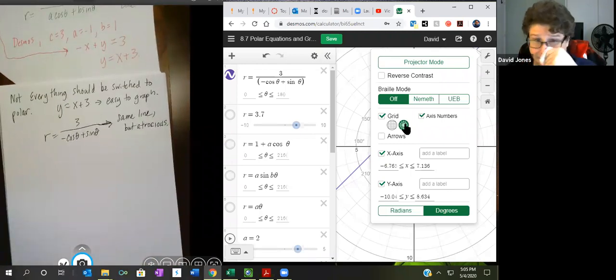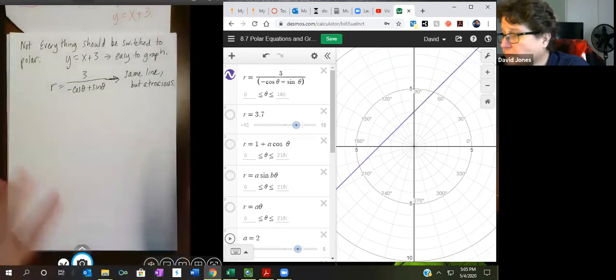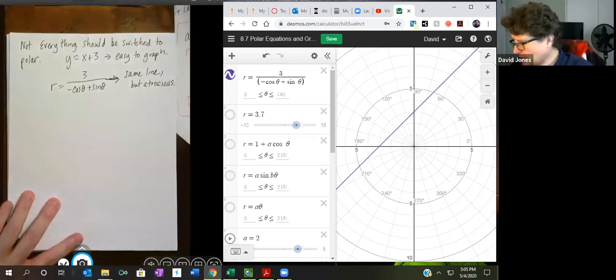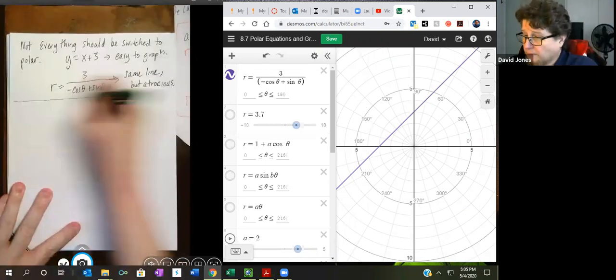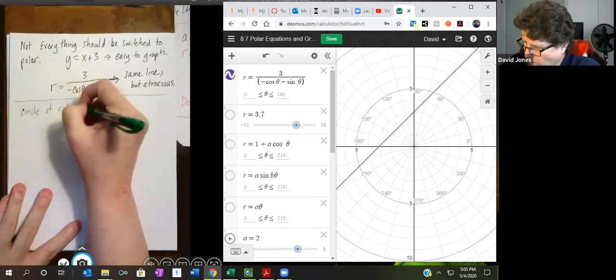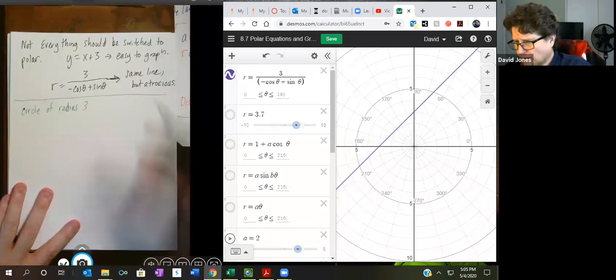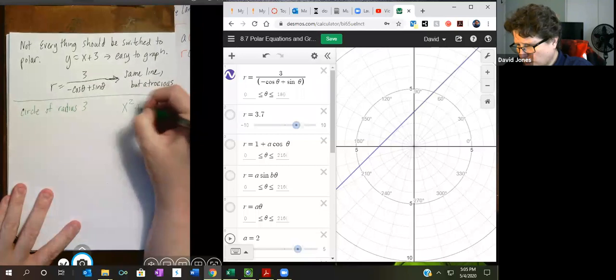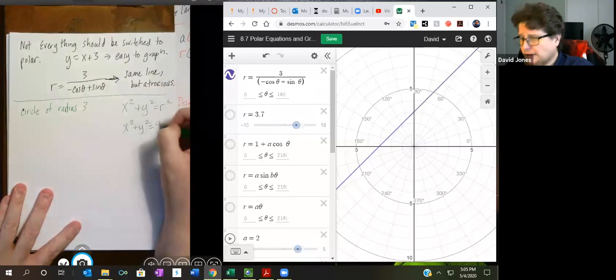Other things look great. What's the equation of a circle? Like, let's look at a circle of radius 3. We normally have x squared plus y squared equals r squared. X squared plus y squared equals 9.